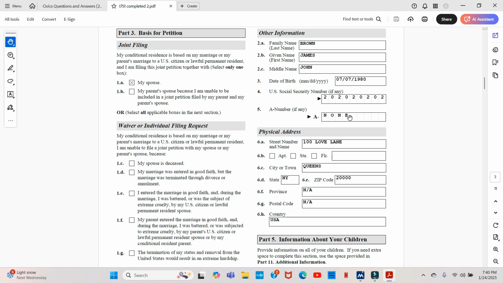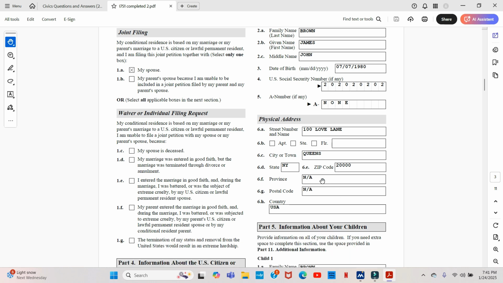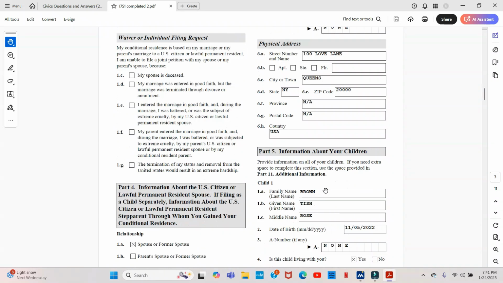In this case, it's the case where the spouse of the applicant is a U.S. citizen, so hence we place none in this box. Physical address of the permanent resident or U.S. citizen goes here.